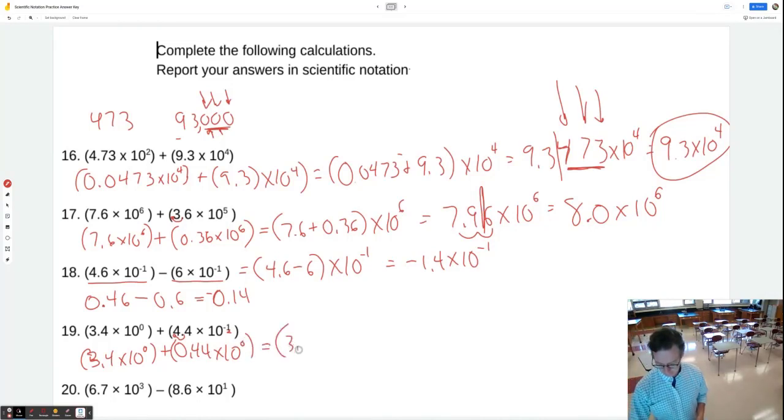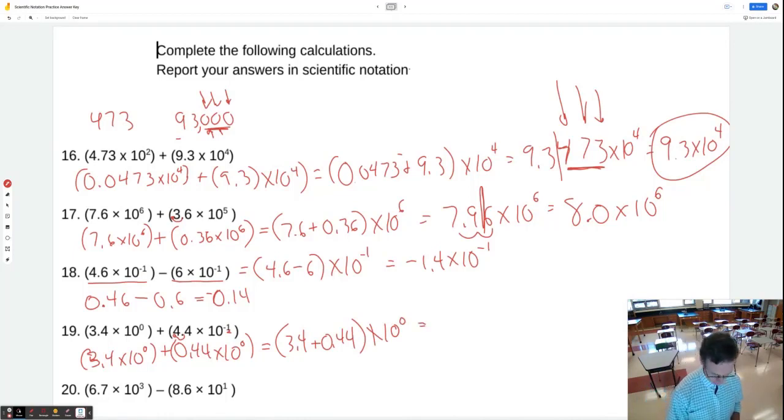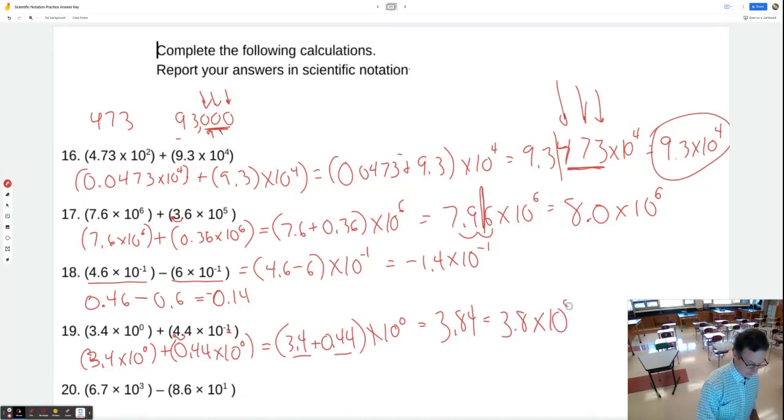Add your coefficients, 3.4 plus 0.44 times 10 to the 0, which is 3.84. Two digits. I have to round to two significant figures, so 3.8 times 10 to the 0.